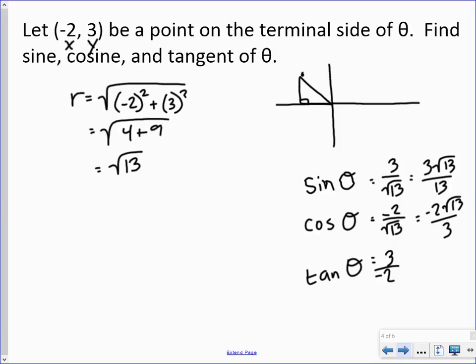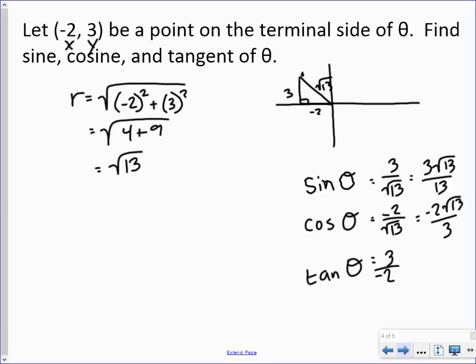To get to that point I had to go negative 2 to the left, 3 up. You'd still calculate the radius, either with the Pythagorean theorem or our shortcut rule, and you would get square root of 13. But now maybe you can see more clearly why the sine is y over r. It's opposite over hypotenuse, 3 over square root 13. And cosine and tangent follow from that.